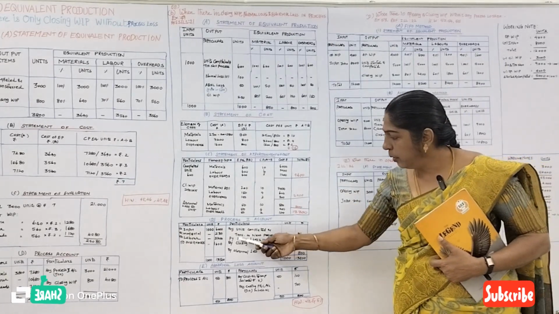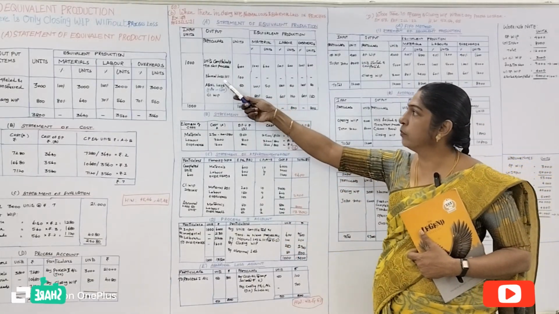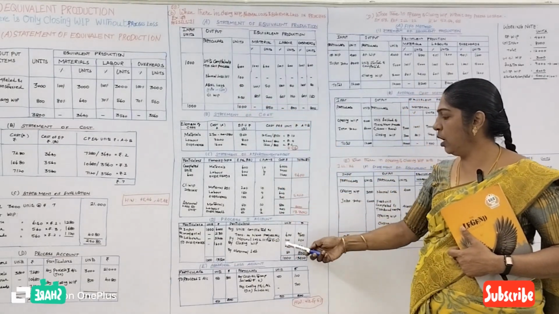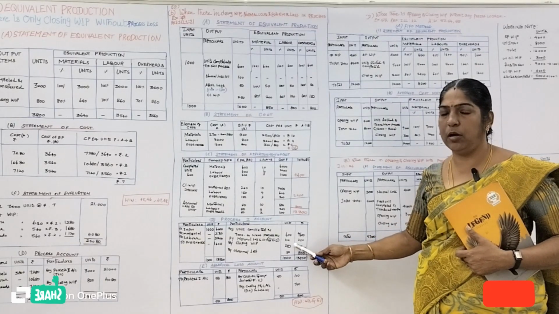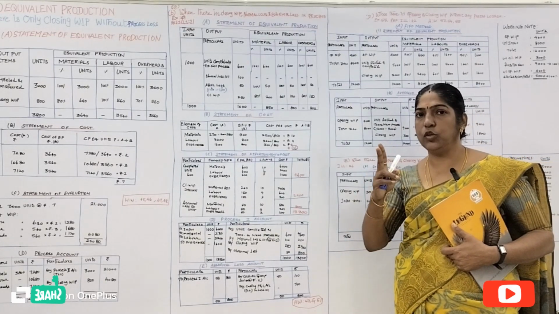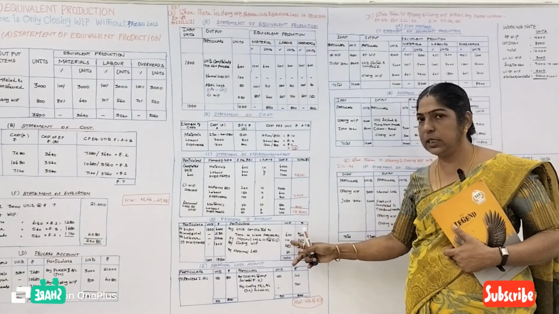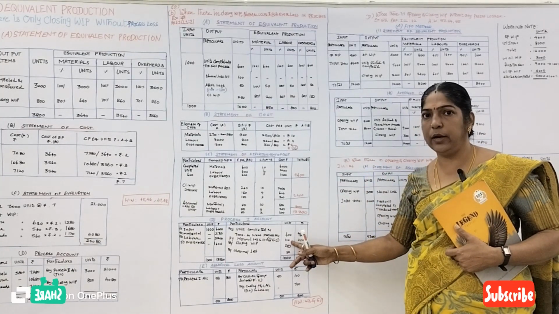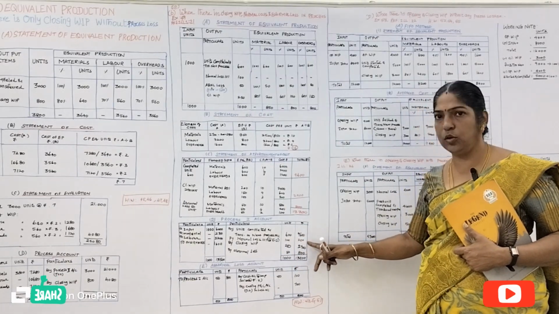Let's come to the next one, that is the normal loss we have taken from here, 100 units. Okay, how much cost? What is the scrap value for the 100 units normal loss? The scrap value for each unit they have given is 2 rupees. Okay, so each unit 2 rupees means 100 units, 2 into 100 you will get 200 rupees. Okay, the scrap value for the normal loss is 200 rupees.